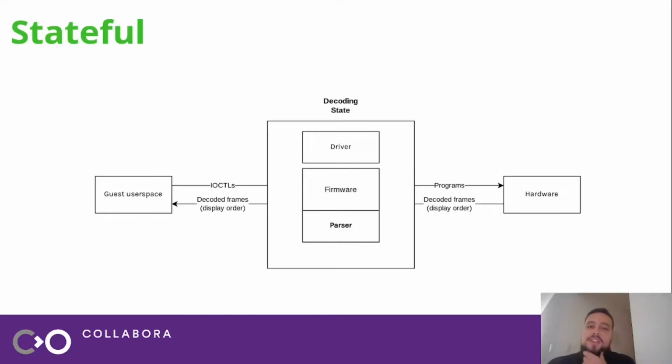So here's the same block diagram that we had back at the start, only that now, where this middle box used to read driver/firmware, I've made a point to have a parser box. It's important to note that inside of this firmware, somehow there's going to be a parser which is going to be parsing the bit stream in order to keep track of this decoding state.